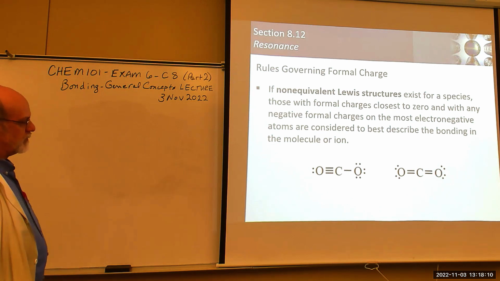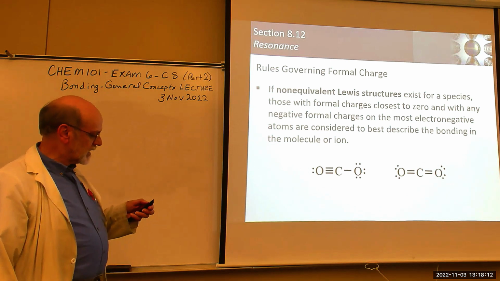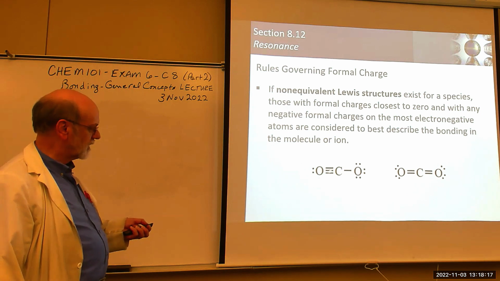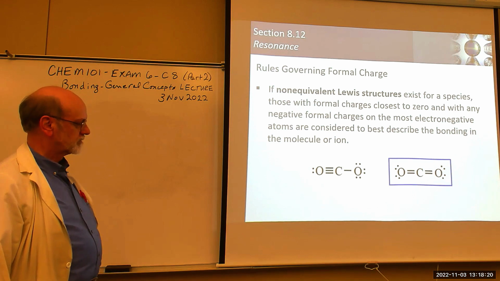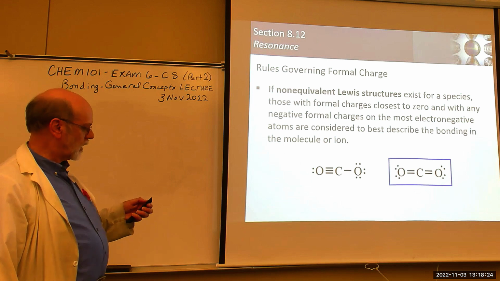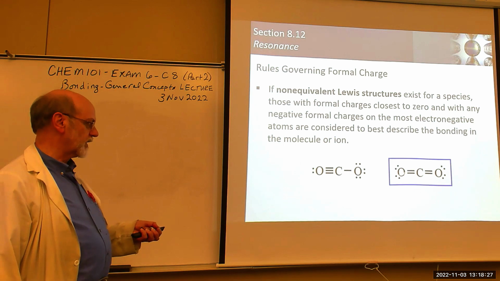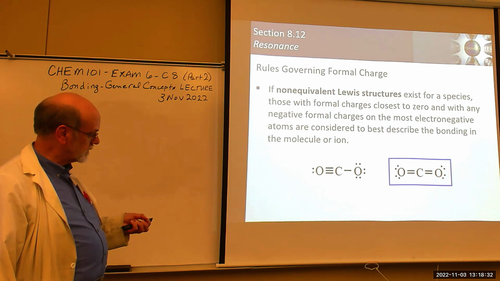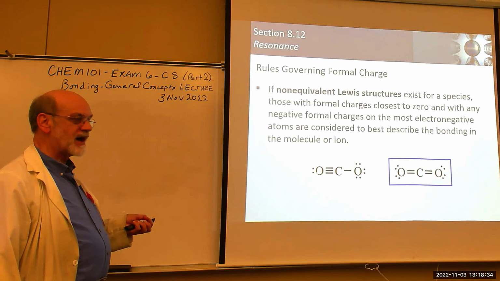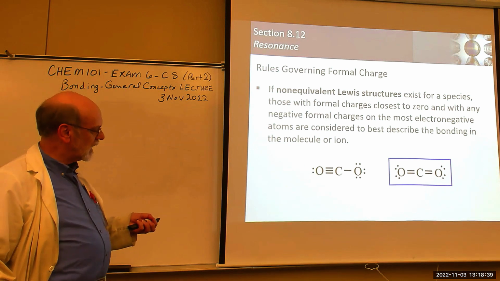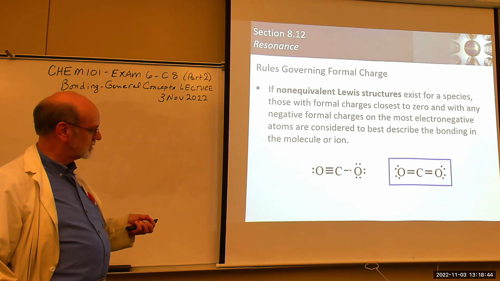So here's an example of non-equivalent structures. If we had written carbon dioxide this way and taken 2 pair over here and put it over there, what would that do to their formal charge? Well, we know this one's 0, 0, 0. We did that one already. This one would be: oxygen has 6, so it's 1, 2, 3, 4, 5. 5 minus 6 is -1. This is still 0. And this one would be 2, 4, 6, 7.